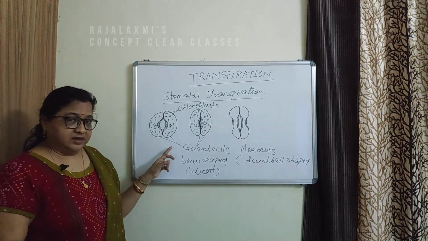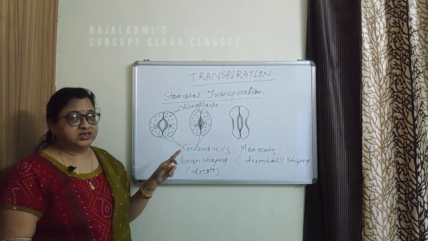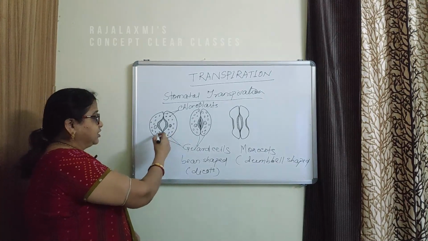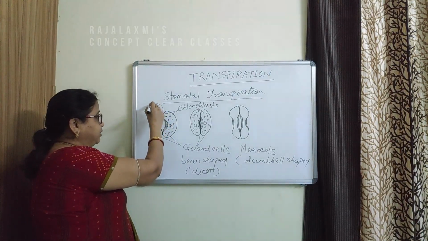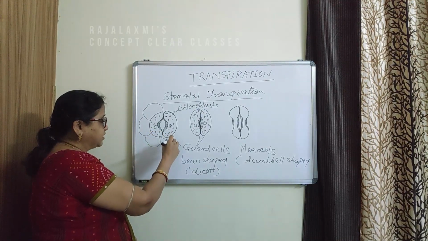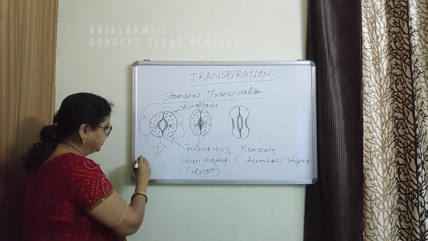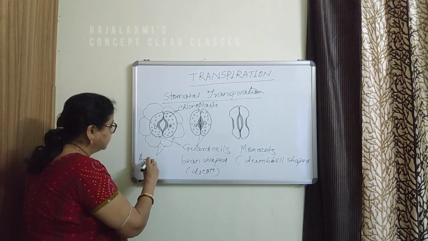And these two guard cells control the opening and closing of stomata. Then the guard cells are again surrounded by some specialized or modified epidermal cells known as accessory cells.